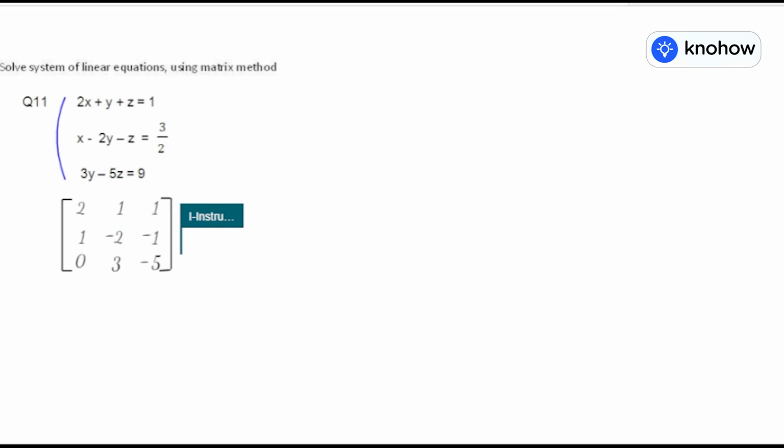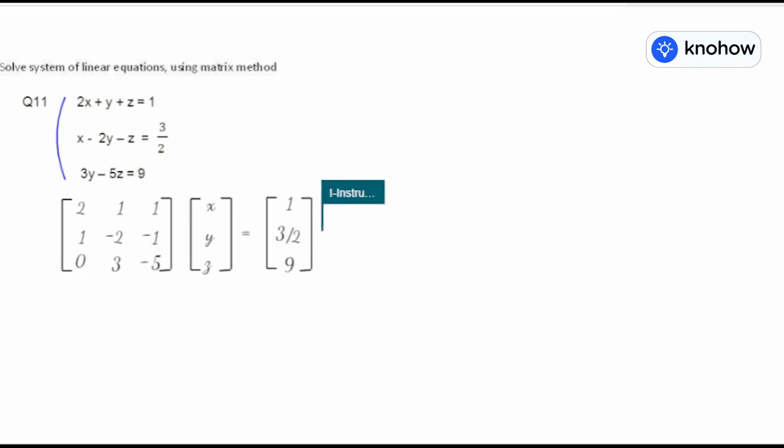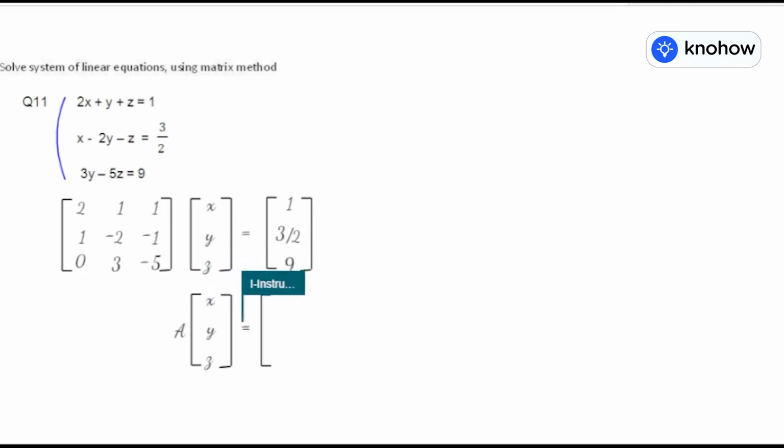Please remember. And then you write the variable matrix in a column, x, y, z, equal to the constant matrix in the column. You get 1, 3 by 2 and 9. Now if I denote the coefficient matrix by A, and keep x, y, z in the column and the constant matrix 1, 3 by 2, 9 as such, multiplying both sides by A inverse, it may be rewritten as x, y, z equal to A inverse.